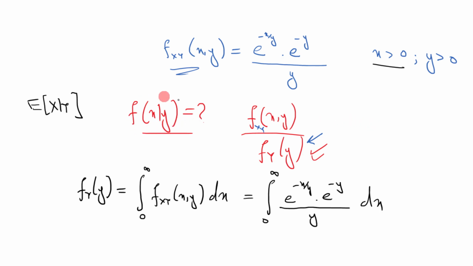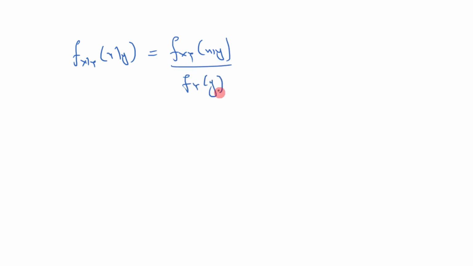So our conditional density f of x given y, of x given y, is equal to f_XY(x, y) divided by f_Y(y), and this is equal to e raised to power minus x over y, into e raised to power minus y divided by y, and this f_Y(y) we have just determined is equal to e raised to power minus y.